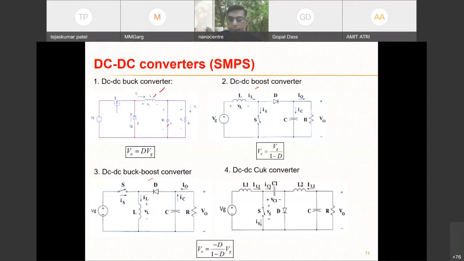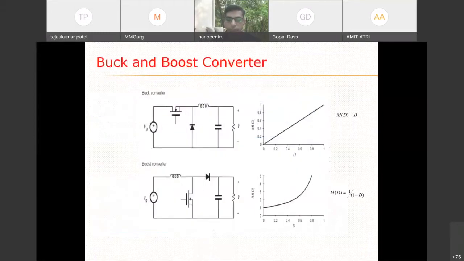Depending upon the arrangement, there are various converters: buck converter, boost converter, buck boost converter. These are second order converters, since the order is defined by how many energy storing elements they have. In all three configurations there are two, one inductor and one capacitor.